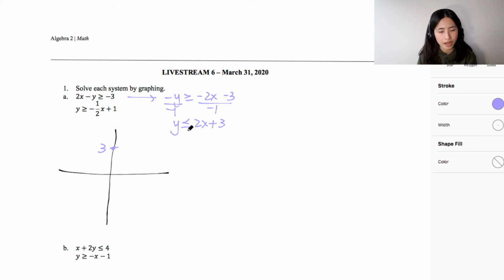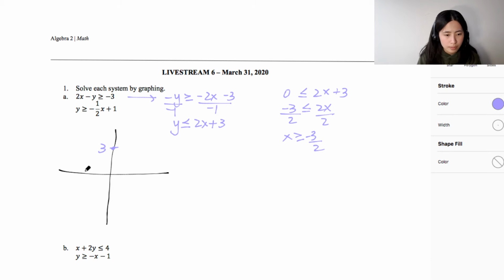So maybe we can find, let's try to find your x-intercept. So if you have y equal to 0, then you would have 0 less than or equal to 2x plus 3. So this is moving it to the opposite side. You get negative 3, and this is now 2x divided by 2. So x would be greater than or equal to negative 3 over 2.